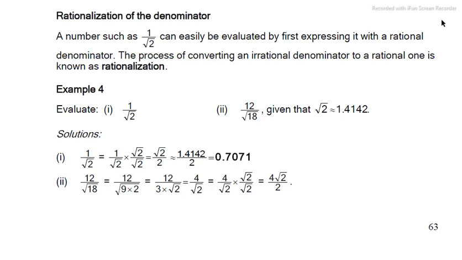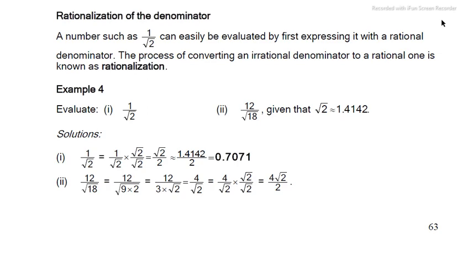So we shall get root 9 times root 2 instead of root 18, hence giving us 12 over 3 root 2.